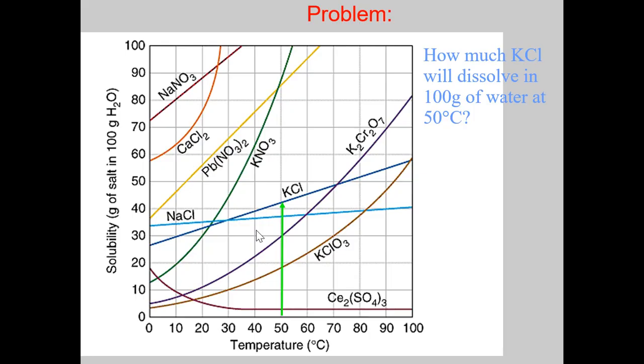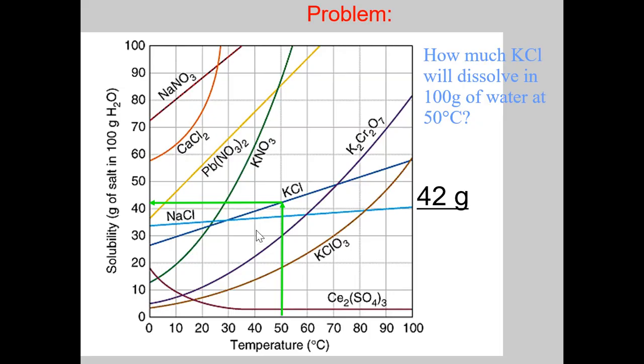And then to find out how many grams will dissolve in 100 grams of water, you go over to the left-hand side, you run a line, and you see where it intersects, and that intersects really close to 42. So the answer to this question is simply, I can dissolve 42 grams of potassium chloride into 100 grams of water to make a saturated solution at 50 degrees Celsius.